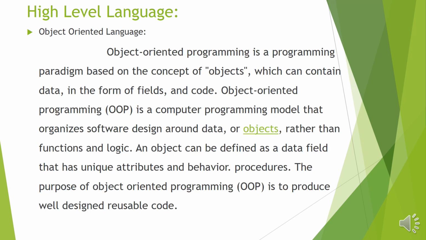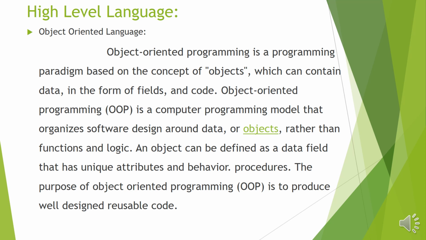The next one is object-oriented language. Object-oriented programming is programming based on the concept of objects. Objects may be a car, a human, or any other example. OOP is computer programming that organizes the software around data or objects.